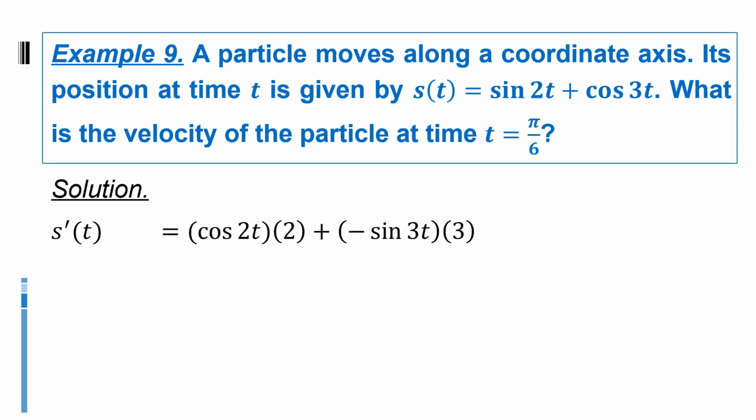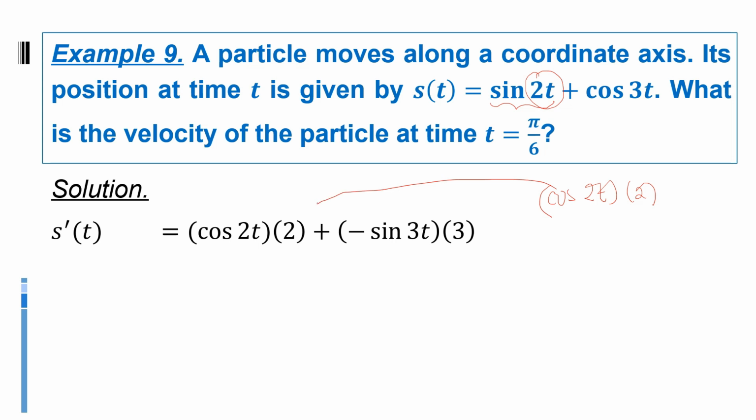And what is s prime of t? Okay, here I went straight to it. So we differentiate first the sine 2t using chain rule. How do we differentiate that? We differentiate first the whole function. So we have the derivative of sine 2t is cosine 2t times, we differentiate the inner function 2t, so times 2.